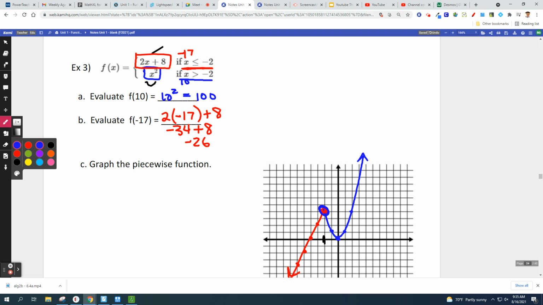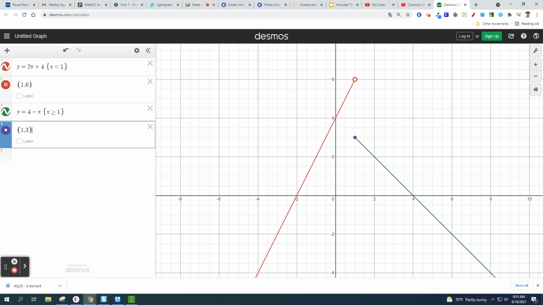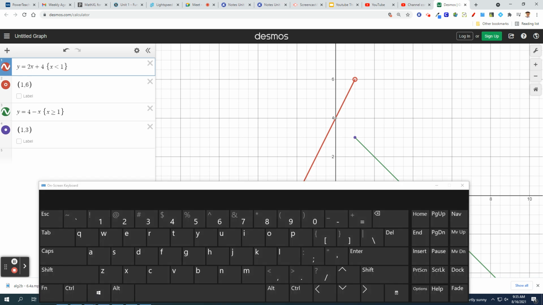And if you want to go to Desmos, go to Desmos. This one was 2x plus 8, I believe, and it was x is less than or equal to -2.